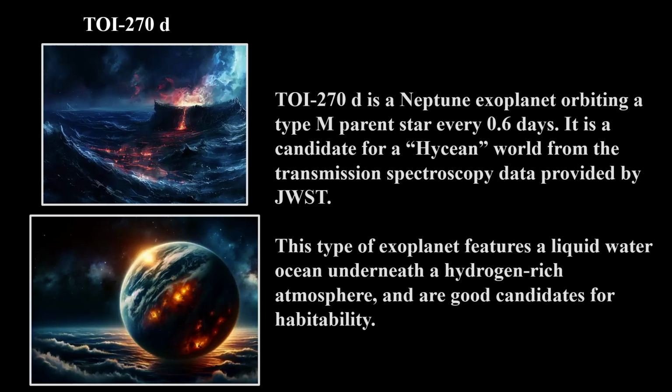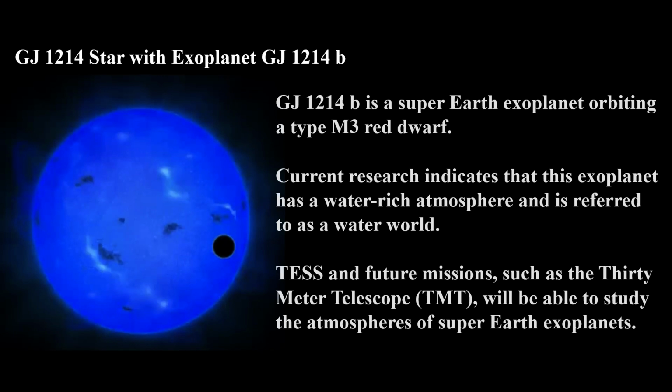The Class M red dwarf star, GJ 1214, has a super-Earth exoplanet, GJ 1214b, orbiting it. Super-Earth planets have a rocky surface and are significantly more massive than Earth, but much lighter than ice giants such as Neptune and Uranus.